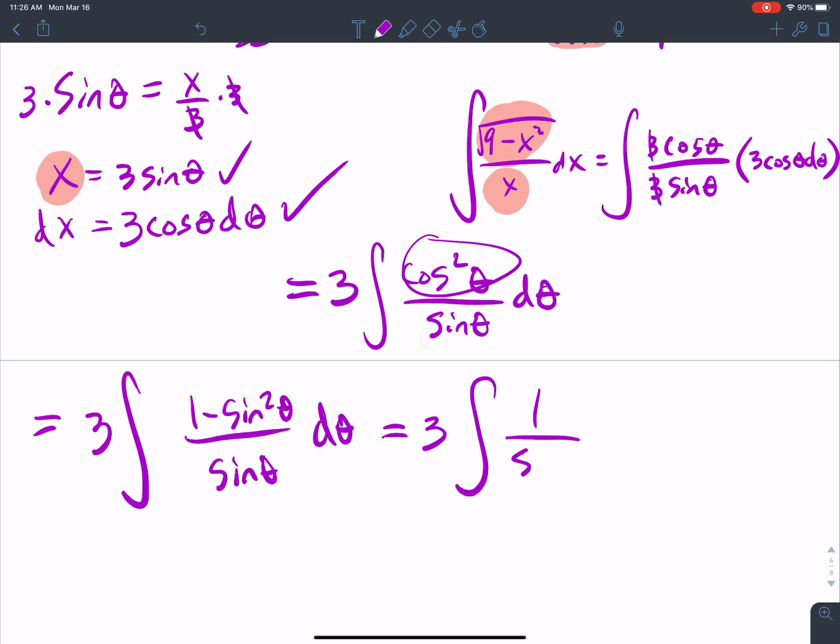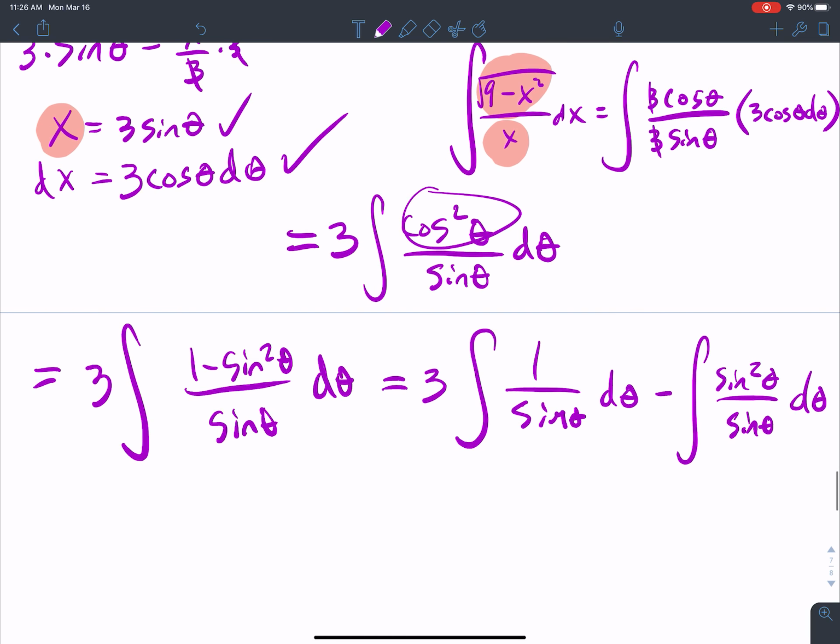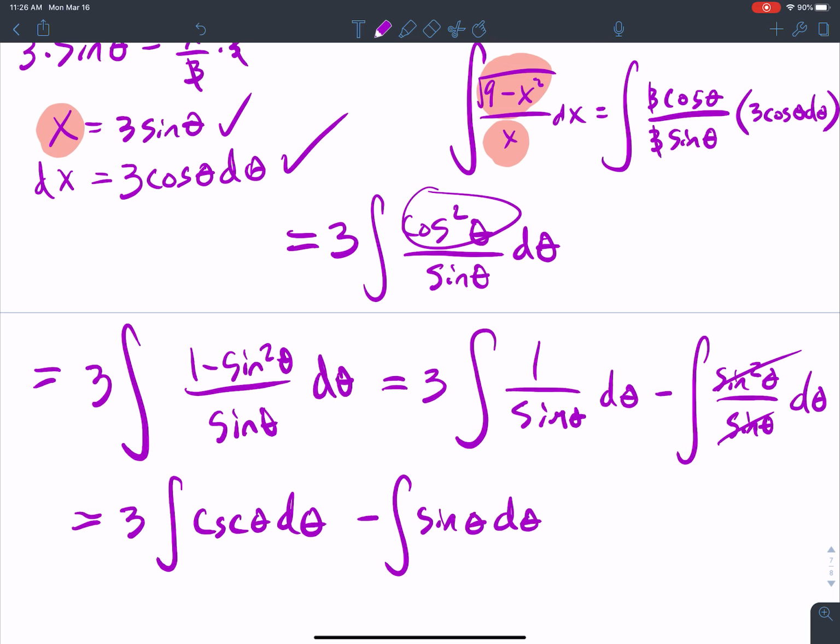I have 1 over sine theta d theta, and then minus sine squared theta over sine theta d theta. So 1 over sine, that's cosecant theta d theta. And then minus, sine squared and sine cancel, and I get minus sine theta d theta.